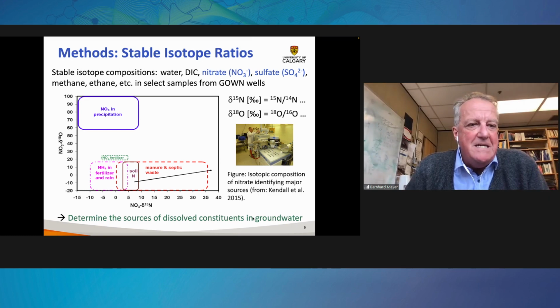You can see that nitrate from different sources, such as precipitation, inorganic fertilizers, soil nitrogen, or manure, has distinct and different isotopic compositions, and we can use these tools to determine the sources of dissolved constituents in groundwater.